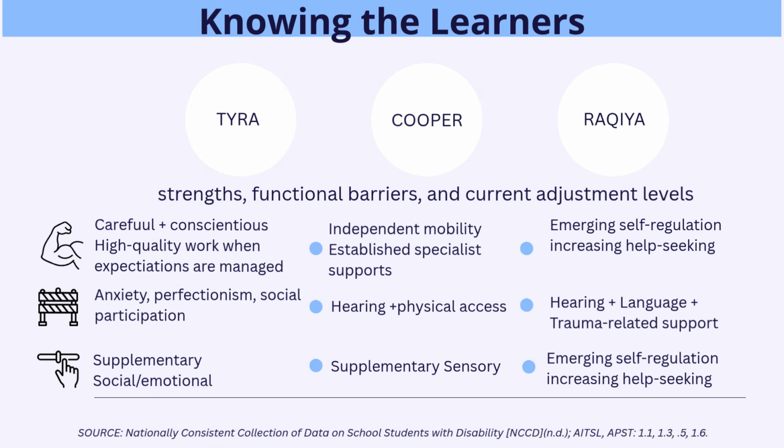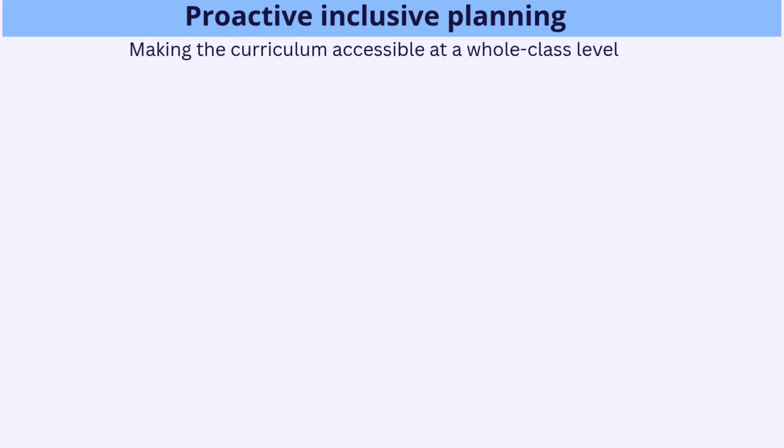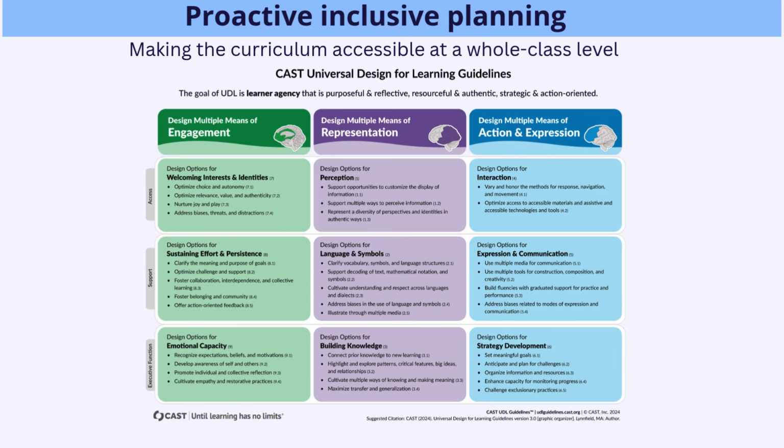I therefore plan to ask what barriers my Earth-Sun investigation lesson might create and build upon the strengths and support my students. I first want the lesson to be accessible at whole class level. Universal Design for Learning, UDL, supports this through multiple means of engagement, representation, and action and expression.